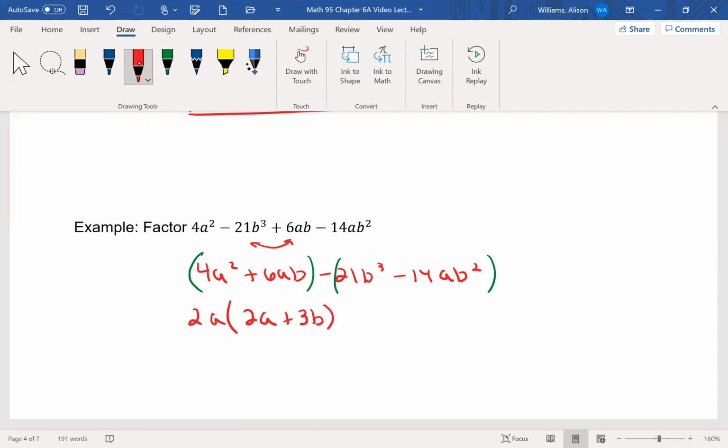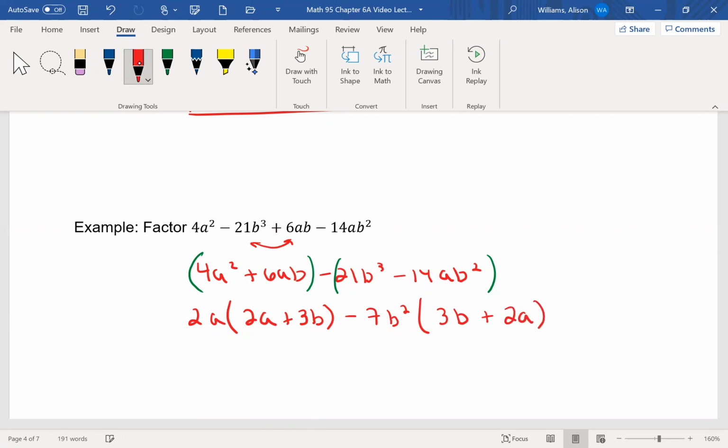Second term, bring down the minus. They have a 7 in common and a b squared. So that's going to leave me with 3b, and that's going to become plus, because I'm factoring out a negative, plus 2a.